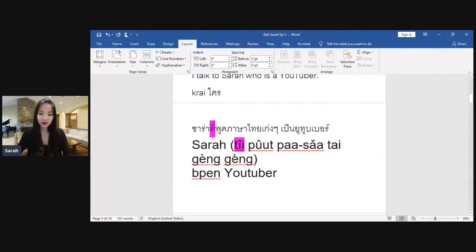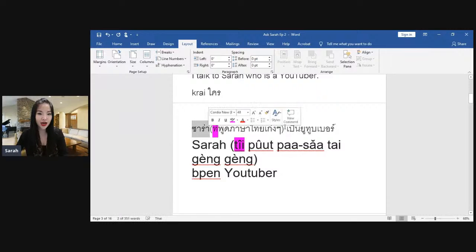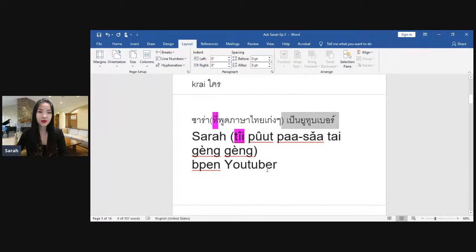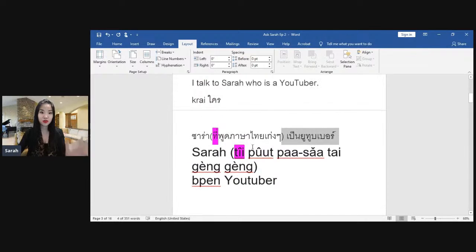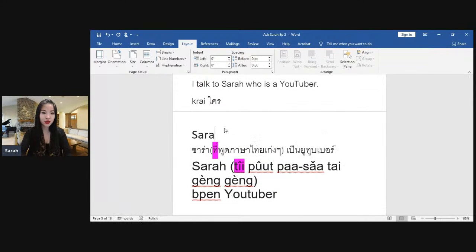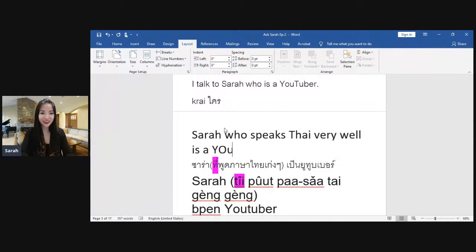Yeah, this is a complex sentence. Okay, Sarah who is speaking or who speaks Thai very well. The main clause is Sarah เป็น YouTuber. Okay, the main clause is Sarah is a YouTuber. Let me put English too. Sarah who speaks Thai very well is a YouTuber.